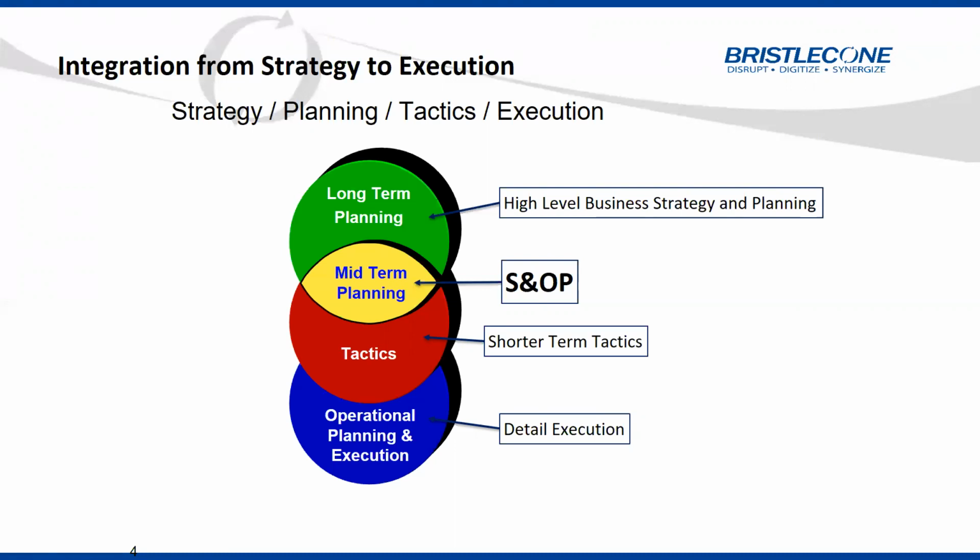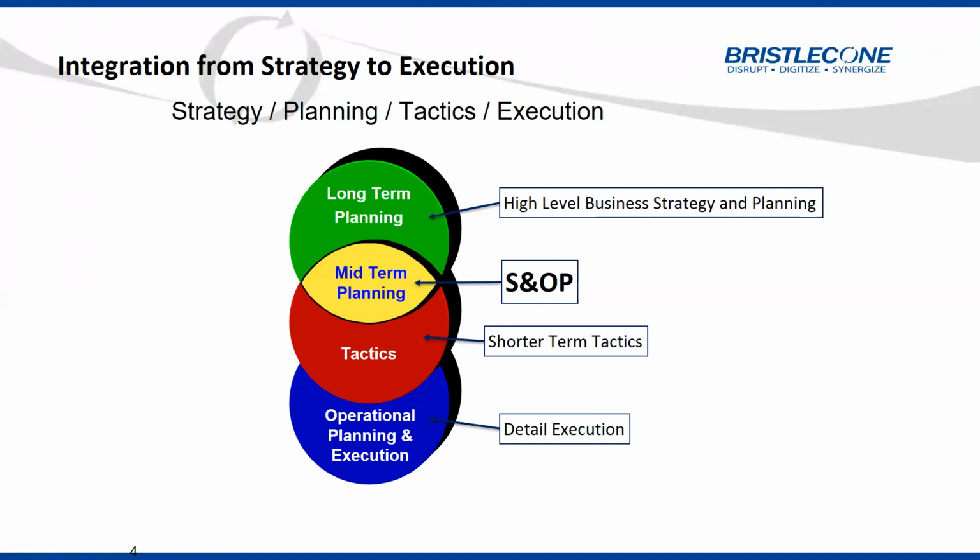So SNOP, like in this slide, fits directly between your long-term high-level planning, which your strategy team and management board does, which goes beyond a year very easily and spreads across the next 5 years or so, and your short-term tactics of 6 months to less than a year, and that translation into detailed execution. So SNOP is that bridge between the long-term planning and short-term tactics. It's that bridge which aligns them, keeps them in balance and keeps them talking.